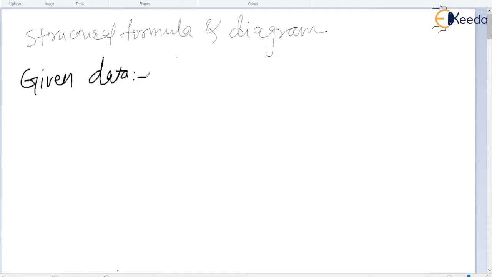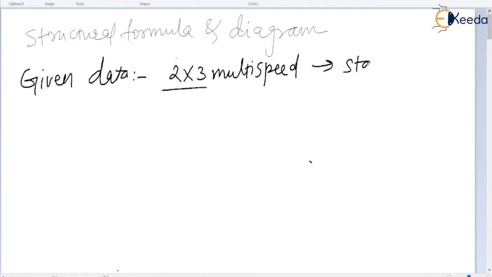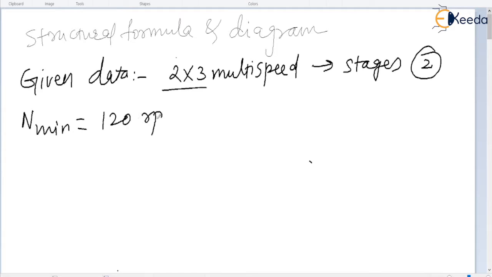Given data shows that it is a 2/3 multi-speed gearbox. This 2/3 indicates its stages, meaning in total we have 2 stages. Next we have N minimum, that is 120 rpm, and N maximum, not N maximum, sorry, it's N motor, it is 1500 rpm.